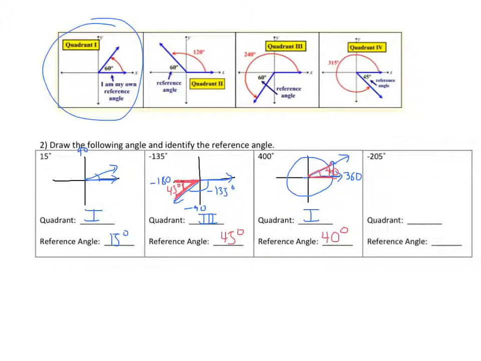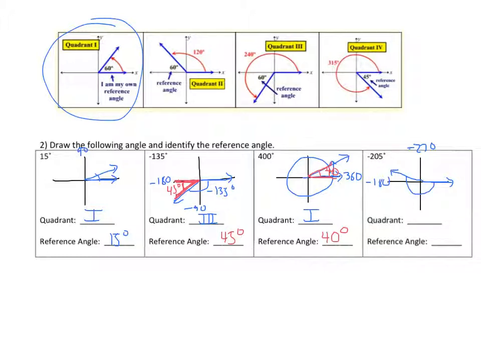Now for the next one, negative 205, we always put our initial side on the positive x-axis, and now I'm going to swing down in the clockwise direction, negative 205. If this is negative 180 right here, and this is negative 270, my terminal side will be about right there.